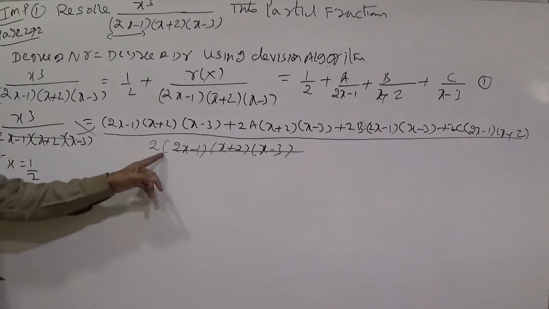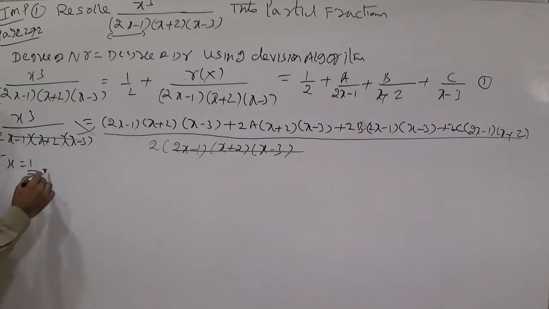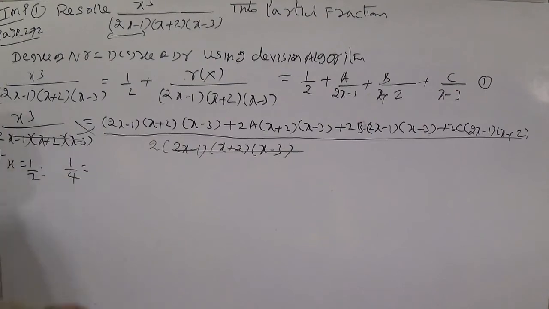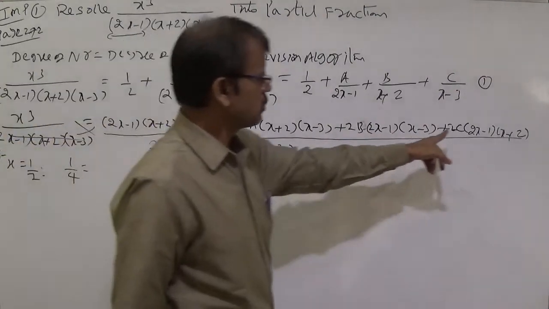If x is equal to 1 by 2, this 2 taken this side, 2x cube. So 2 into 1 by 8, so it is 1 by 4 here. 1 by 4 is equal to, this becomes 0, this becomes 0, this becomes 0.